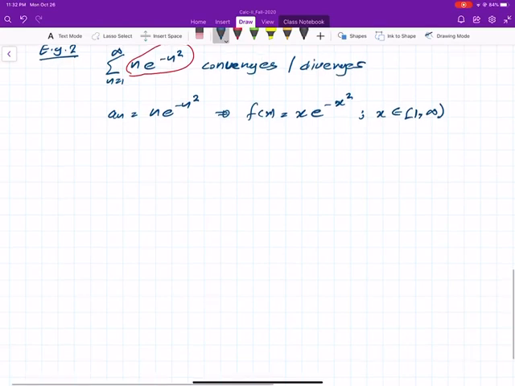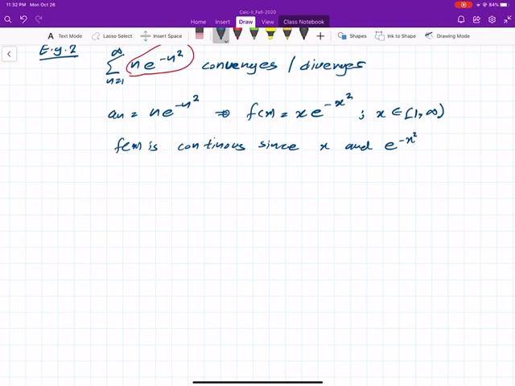Alright, so first you can see if this function is continuous. f of x is continuous since x and e to the power negative x square are continuous.